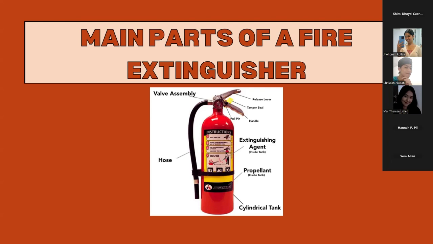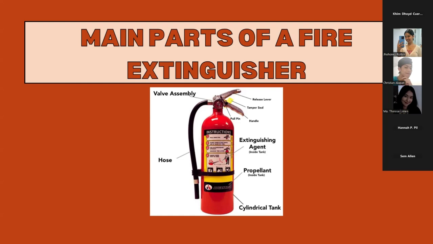The next one is the propellant. It is vital to the functioning of our extinguisher because it is a gas that helps to expel the extinguishing agent from the cylinder when the extinguisher is activated. Next is the extinguishing agent. Of course, it is the substance used to put out a fire.